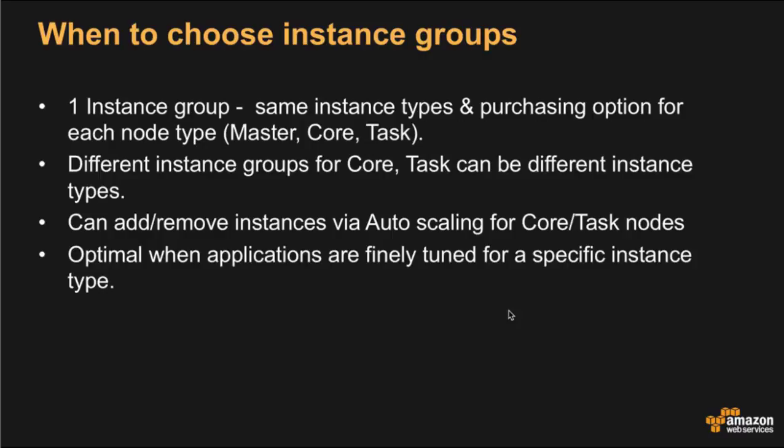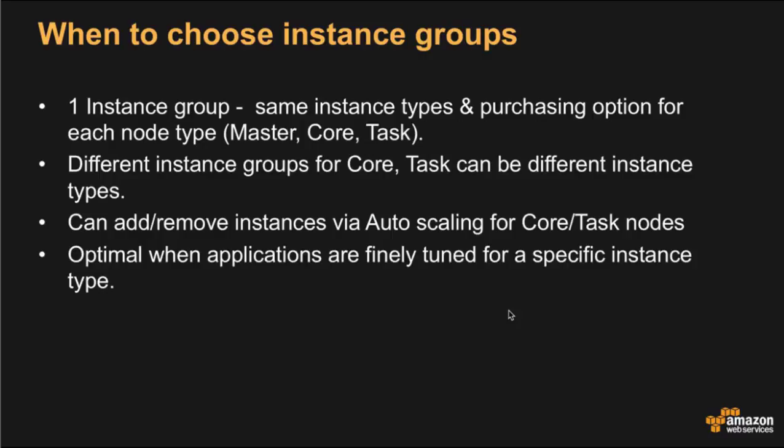When do I choose instance groups for my EMR clusters? Regardless of whether they're long-running, cost-driven, data-driven, or application testing, when do I choose instance groups? Whenever I am choosing Spot. So if you have a workload where you need the same instance type and you want to make sure your purchasing option is the same across each node type, and you have fine-tuned your application and job specifically for a given instance type, then go with the instance groups option.